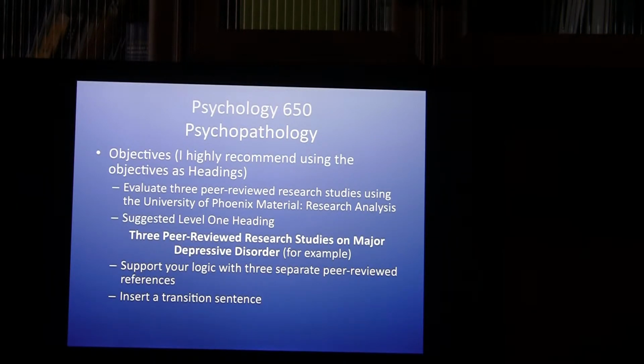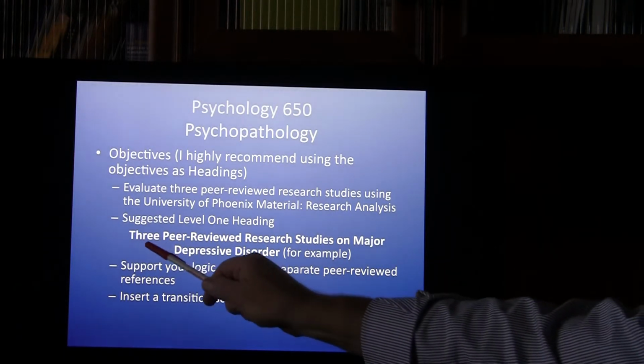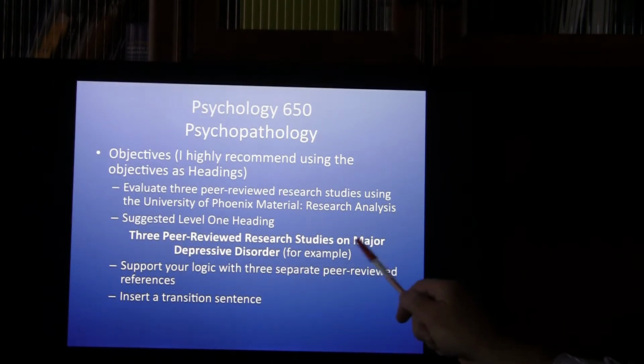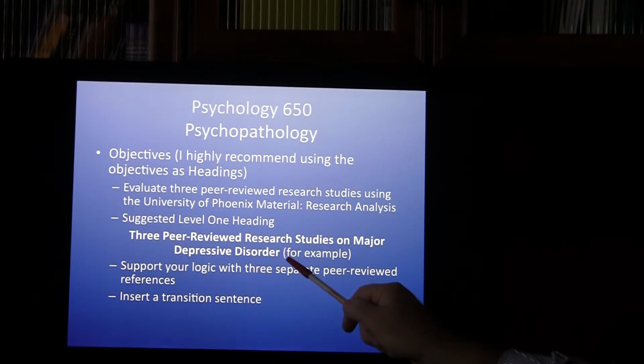As with all papers, I recommend that you use the objectives as headings. The first objective reads, evaluate 3 peer-reviewed research studies using the University of Phoenix material research analysis. Here's how this heading would look on your paper. 3 peer-reviewed research studies on major depressive disorder, and that's for an example.